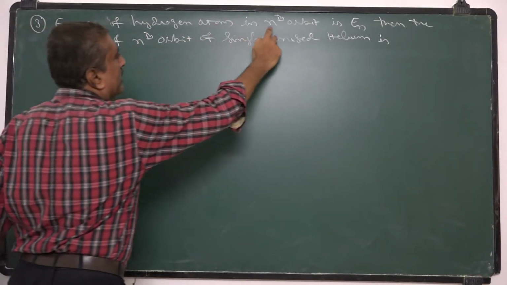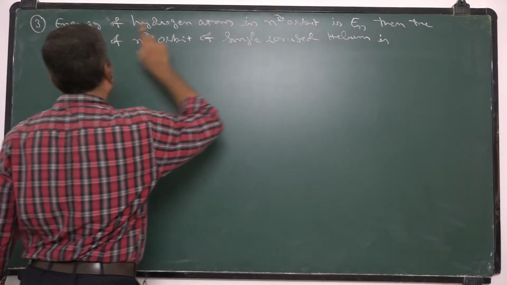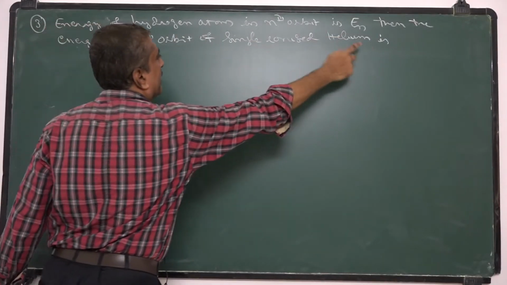Energy of hydrogen atom in nth orbit is En, then the energy of nth orbit of single ionized helium.